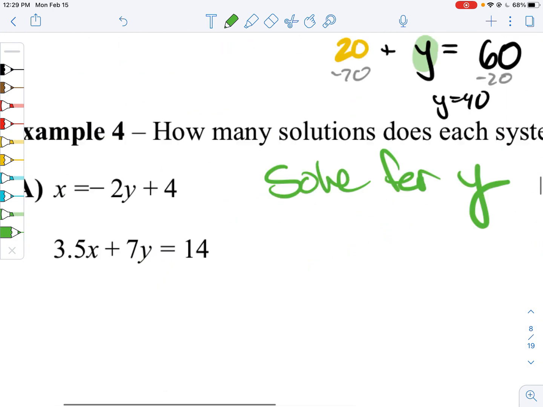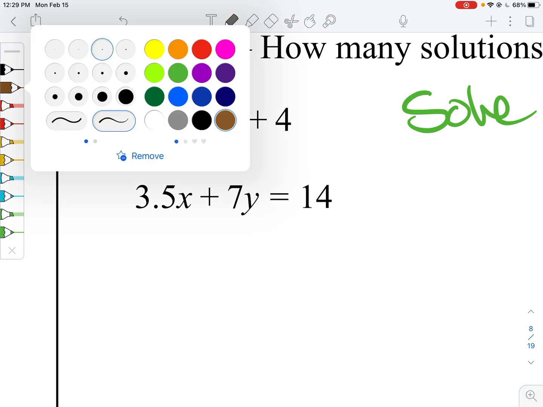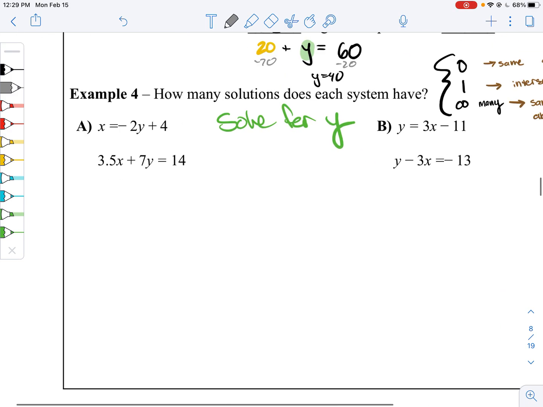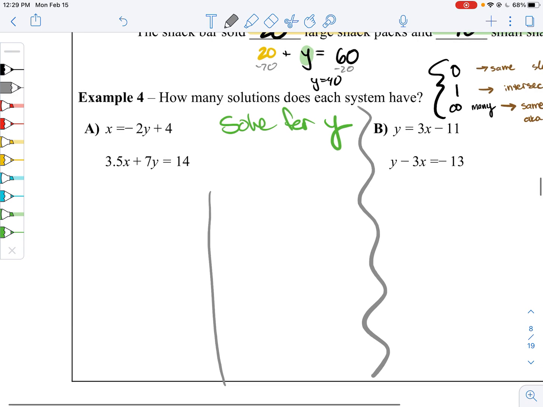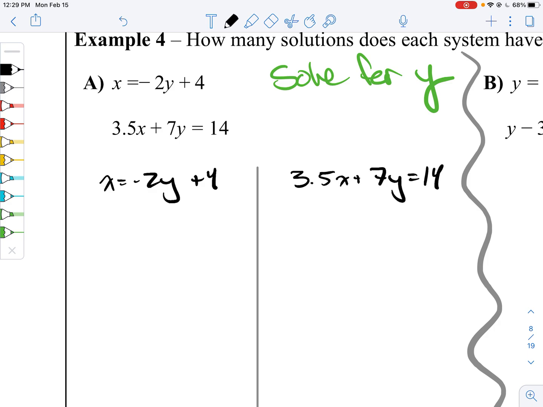That's what we're going to do. I'm splitting my space into two sections. My first equation, I have x equals negative 2y plus 4. My second equation is 3.5x plus 7y equals 14.